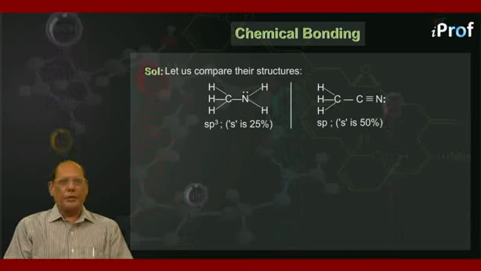In case of CH3NH2, you see that the nitrogen atom carries a lone pair, and it is in the sp3 hybridization state. So the s character is 25%. But in case of CH3CN, although nitrogen has a lone pair, its hybridization is sp. So the s character is 50%.